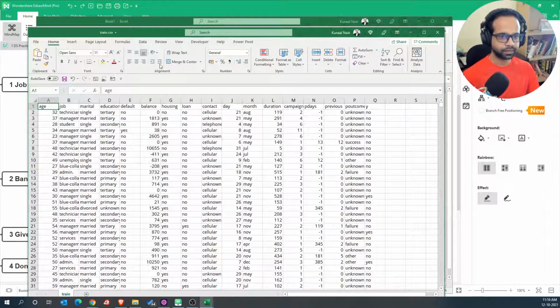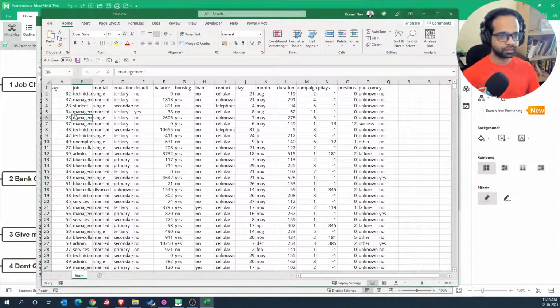But let's see. Okay, so this is the data again. Here we have this is our Y. And again, we have demographics here: day, month, which campaign, P days, purchase days, some previous it has, right? So purchase outcome, purchase days.